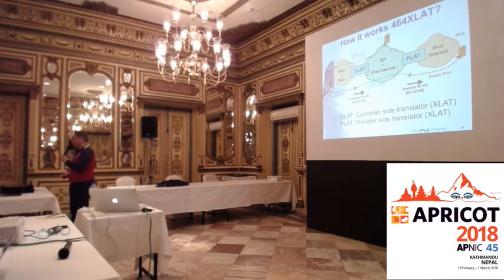Again, the important thing here is you don't need to have any more IPv4 in your access network. It's only IPv6. At the PLAT, it gets translated again from 6 to 4 to reach the web server, which is IPv4 only. So simple. No overload of the devices in the ISP network, no overload of the NAT box, or the primary NAT box.